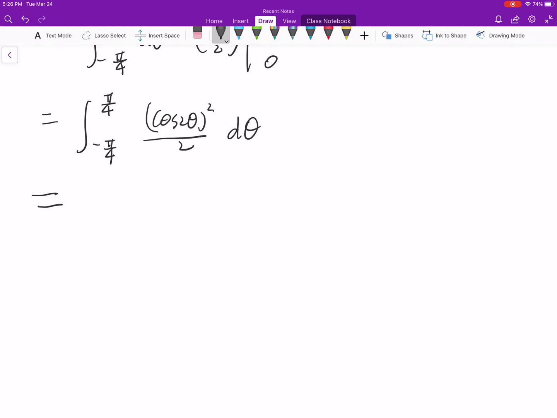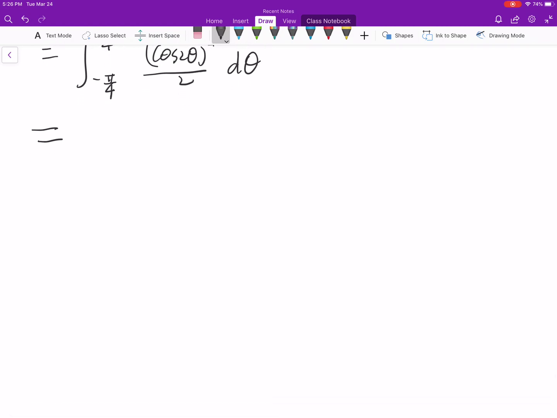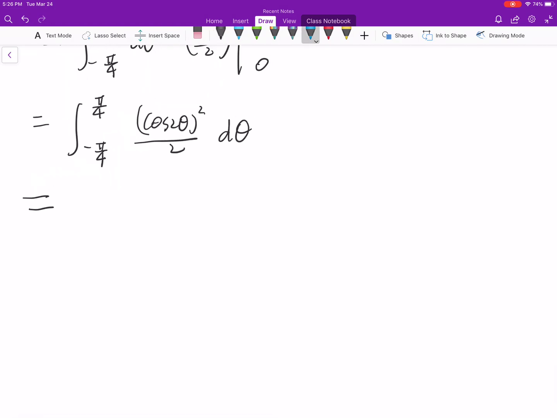And then we use a trigonometric identity. Note that here I would like to mention to you cosine alpha squared equals 1 plus cosine 2 alpha divided by 2.